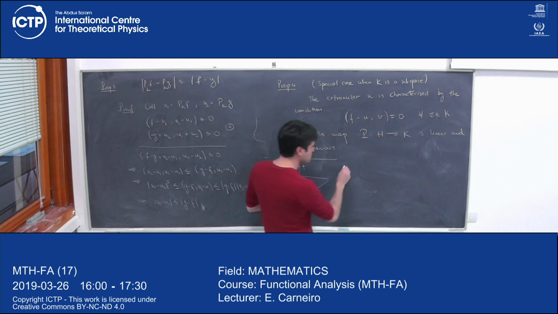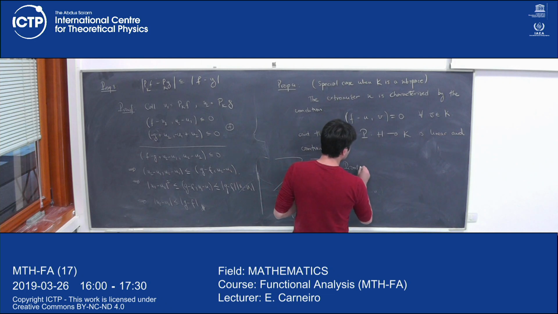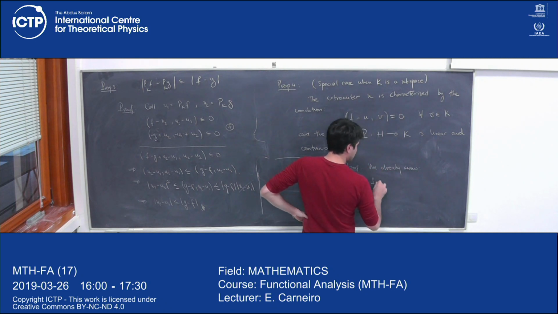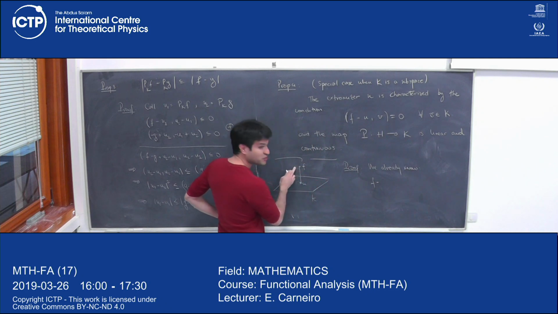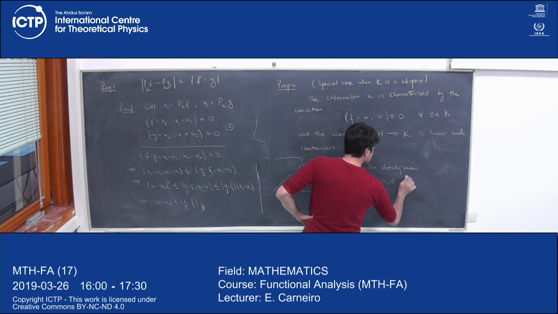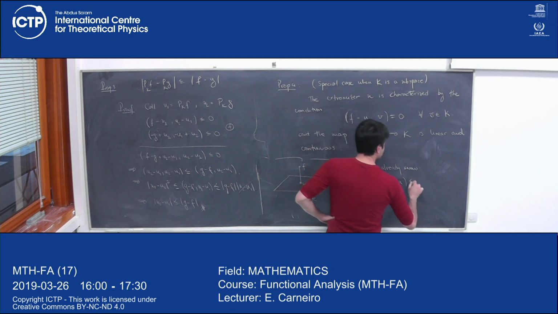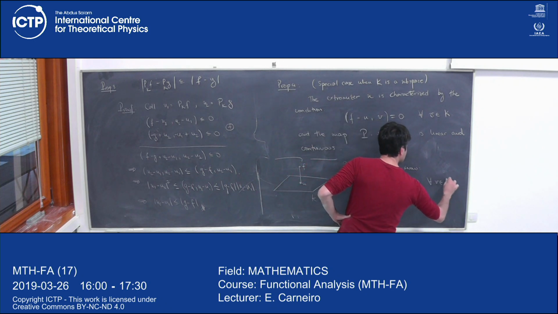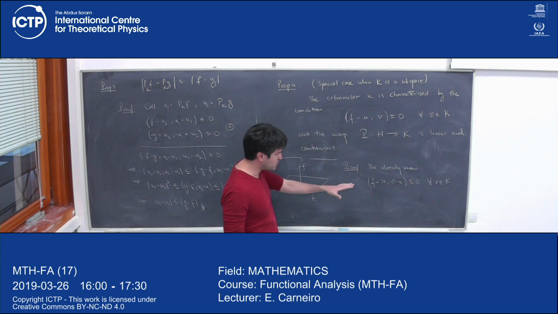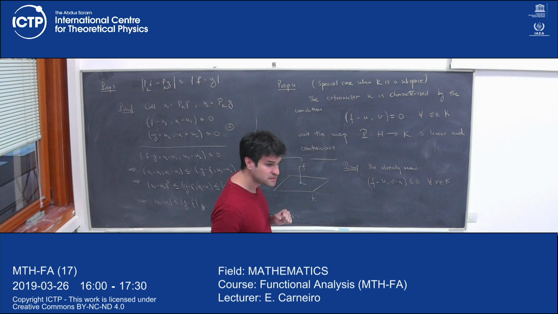Okay, so we may start from that, so proof. We already know that F, remember, F is always a point outside, U is the projection here. So (F minus U, V minus U) is less than or equal to 0 for any V in K. Alright, so we already have that.